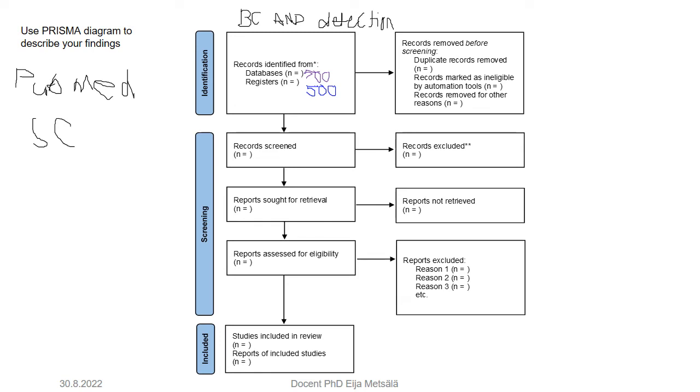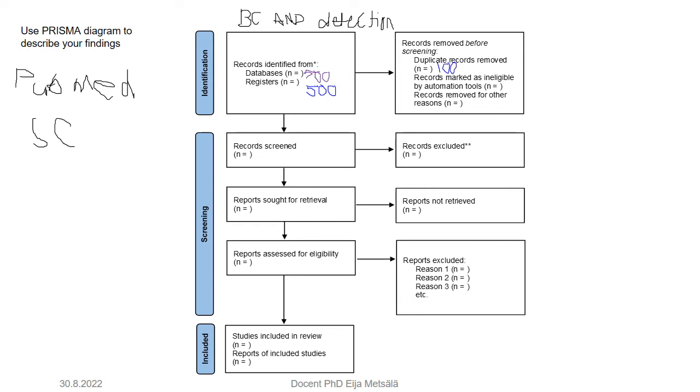Then we find out that there are many same articles coming out of these both databases. We call them duplicates, and we don't want to have same articles double. And let's say that we find out that there are 100 same articles on these both databases, and we delete them.